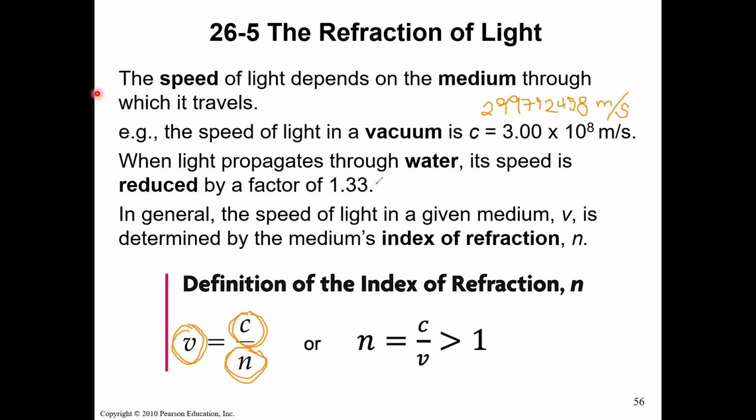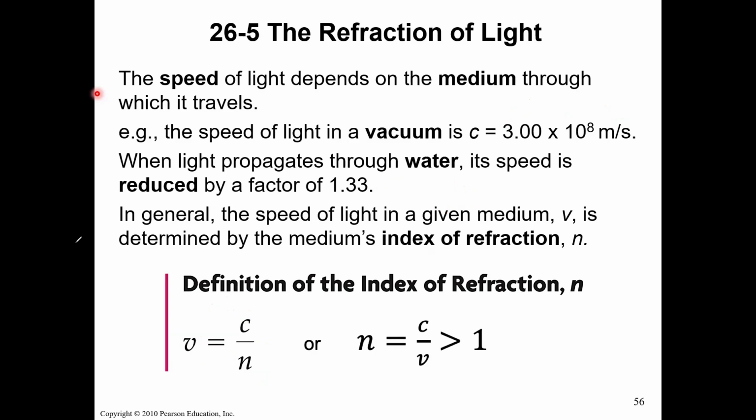For example, for water, n is 1.33, and the speed of light in water is c divided by 1.33. As you can see, the index of refraction is just a number. It doesn't have a unit, and both c and v have the same unit of meters per second.